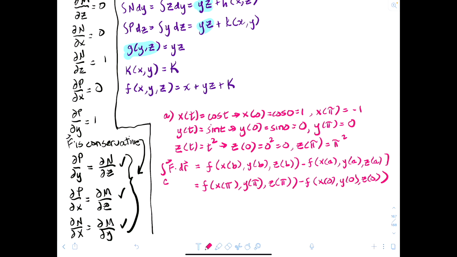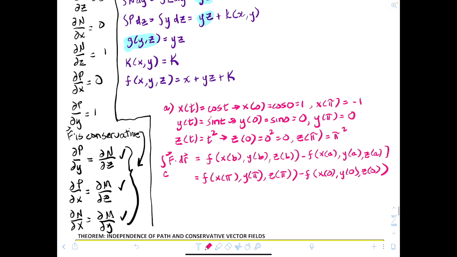Okay, so this is what we will have. We found x at pi to be -1, right?